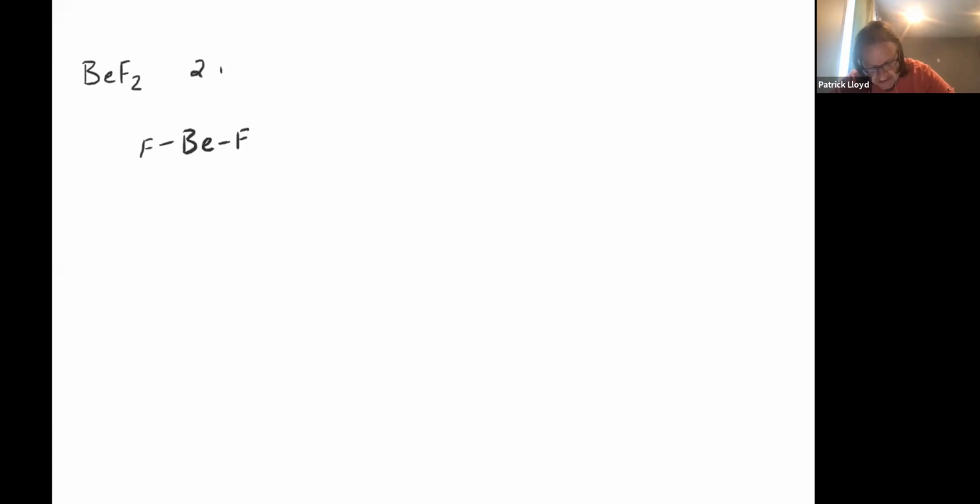Fluorine is in group 7A, so it has 7. So that's 16 electrons. I've already used 4, so we're down to 12: 2, 4, 6, 8, 10, 12. And there you go. So there's your Lewis structure. Now you might make an argument, hey, wait a minute, what about the octet rule? If you want to make this an octet, you can. What you would do is just convert these to double bonds.